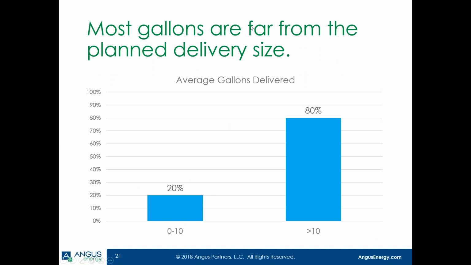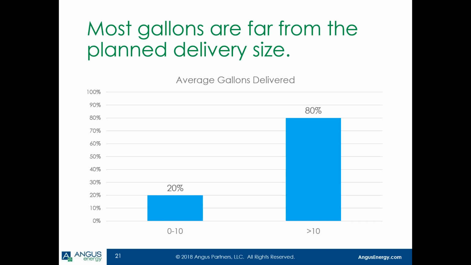Okay. In addition, what we saw is most of the gallons were far from that average. So even if you were averaging 140, we're seeing that 80% of the gallons are more than 10 gallons away. In all honesty, we were seeing about 50% of the gallons were more than 30 gallons away. So you can see that standard deviation, which we'll get into later, is pretty far.